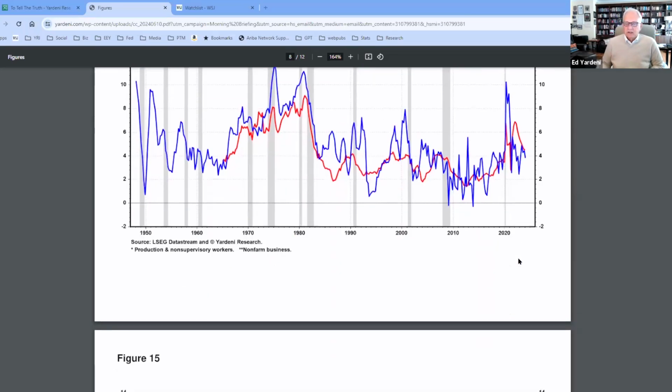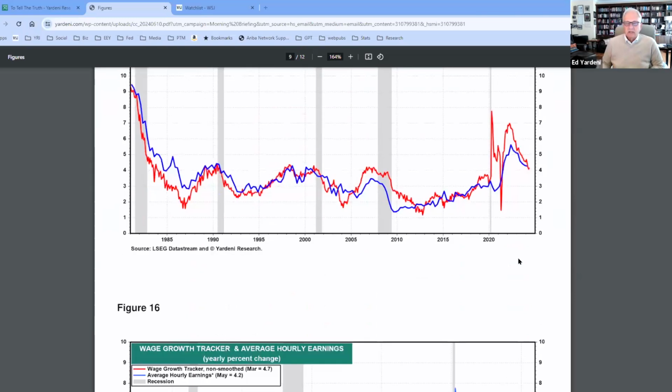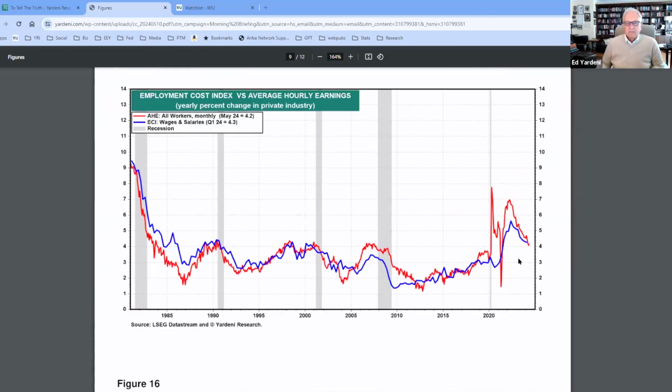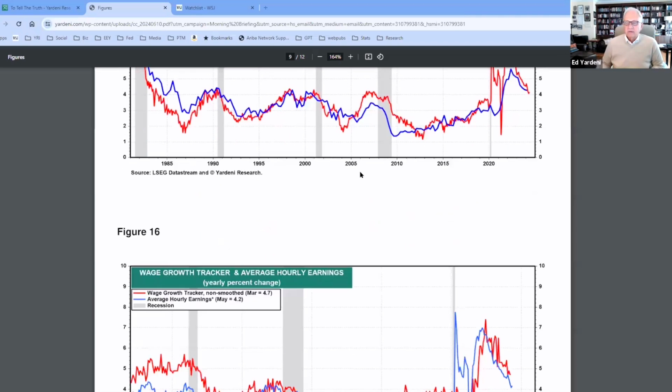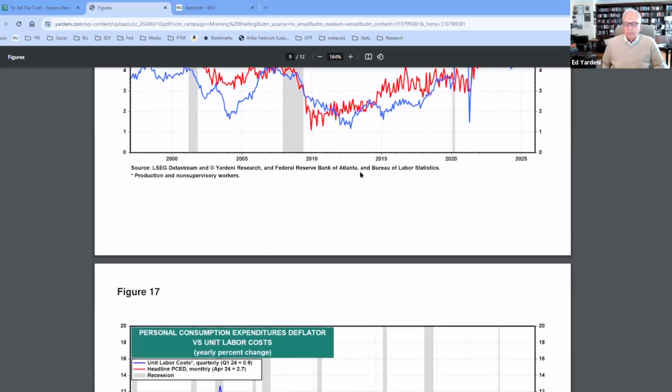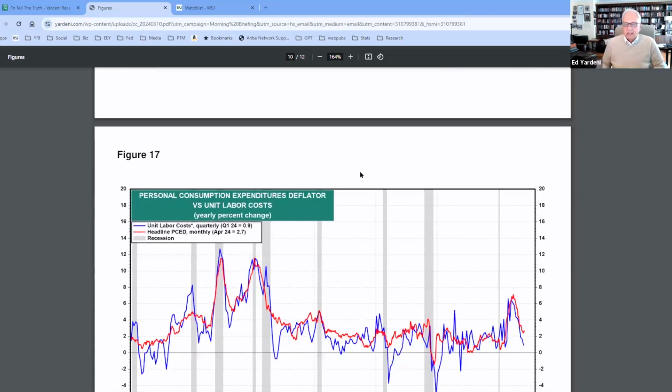So you can look at these other charts on your own. There are these other measures of wages, like wages and salaries and the employment cost index. They're all telling the same story. It's just we're still around 4% rather than 3.8%. This is unit labor costs.